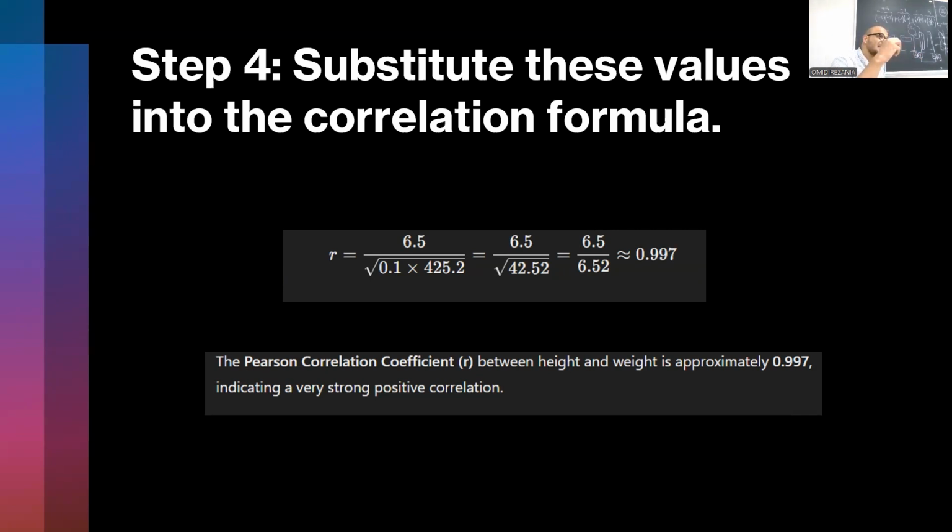The first thing is the sign of that number. Look, the sign is positive. It means that the direction of the variation between these two variables, one of them is height, the other one is weight, is the same. It means that if someone grows taller, they necessarily weigh more.